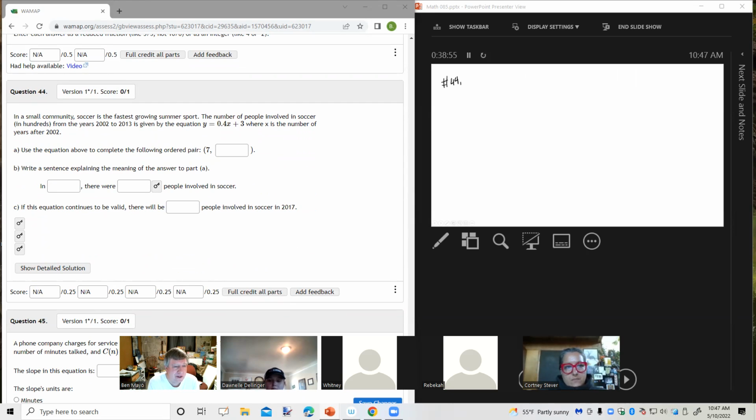The soccer problem. In small communities, soccer is the fastest growing summer sport. The number of people involved in soccer in hundreds from the year 2002 to 2013 is given by the equation y equals 0.4x plus 3. So let's see here.